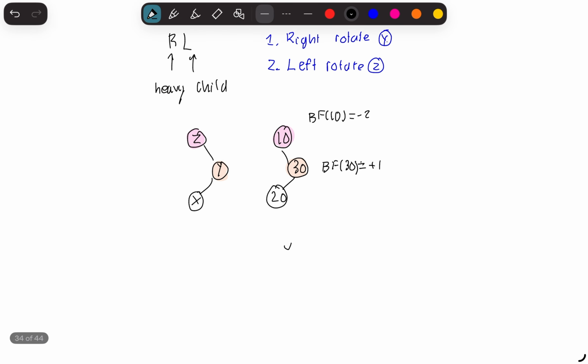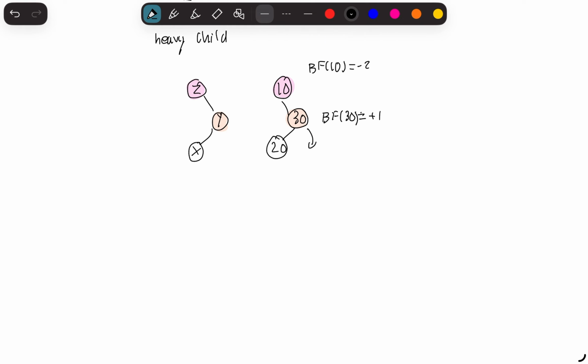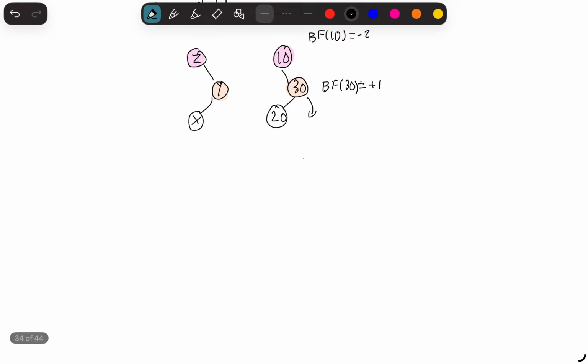The first thing we have to do is take Y and turn it to the right. This is going to result in us having 10, 20, and 30.